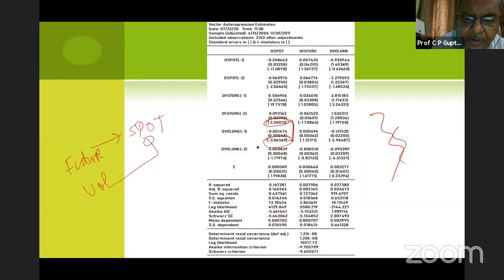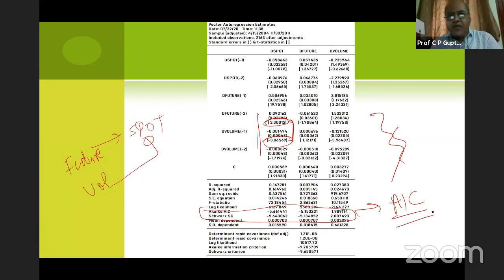Clearly reflected here. And friends, here you are given the information-based criteria, and on the basis of this you can decide the lags. Somebody was asking me, how do we decide the lags? By looking at the information criteria, you can decide how many lags you should have. Okay, right. D future, you see nothing is coming to be significant here. Volume, spot.